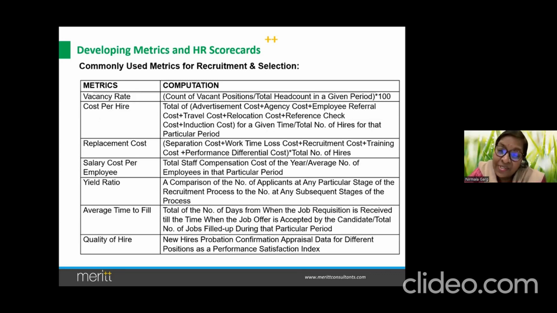And I think I told you yesterday, when you are tracking cost per hire, you must define it: what are the various costs I'm taking? Because you should not be doing it one way while another department is doing it another way, and somebody else another way. So you need to define it, and then what happens is standardization.